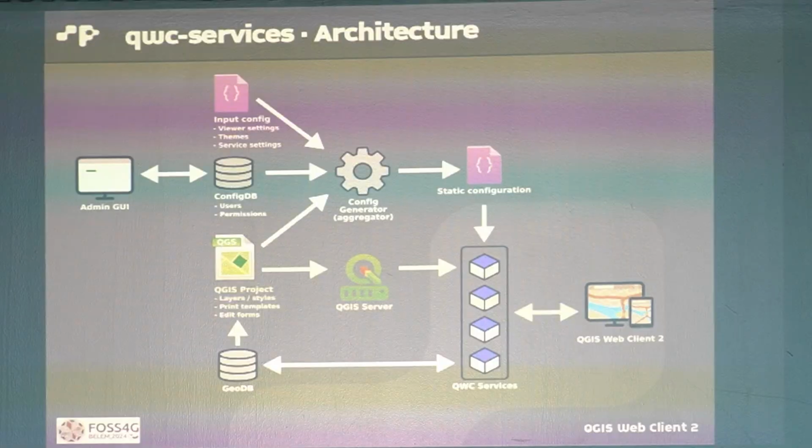Then the architecture is a little bit more complex than in the first scenario. You have the QGIS Web Client, but now we have different databases.